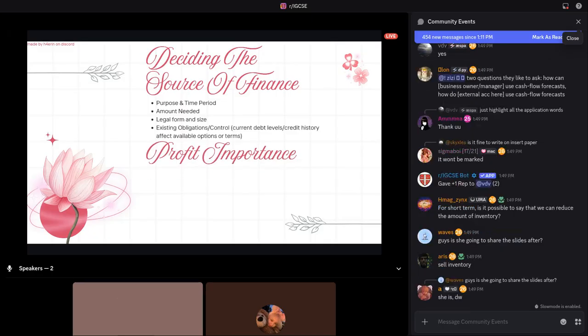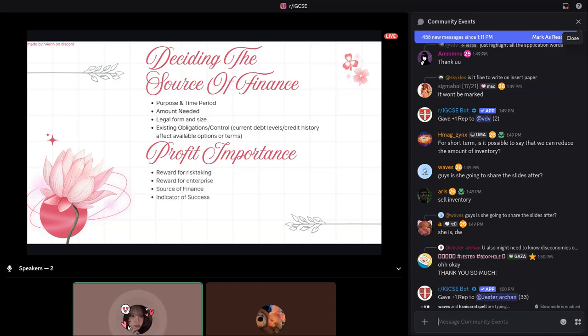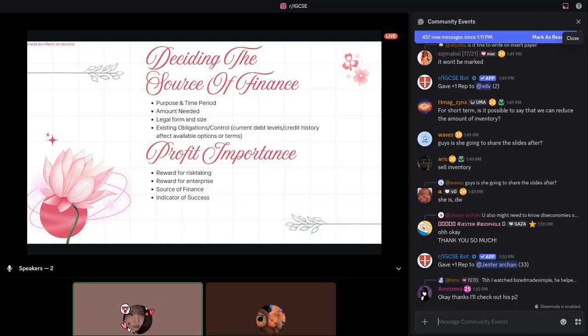And knowing the importance of profit. This was asked in paper 1 variant 2, and a lot of you seemed to have a misconception on how to answer it. There are 4 ways it's important: reward for risk taking, reward for enterprise, source of finance, and indicator of success.